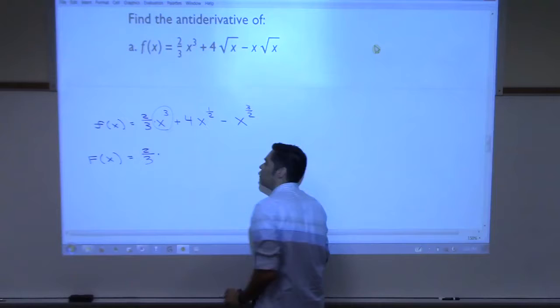And so when I take its antiderivative, I'm trying to find a function, capital F, that when I take its derivative, I get this, right? It's obvious to most of us that the derivative of x squared gives you 2x. But if I add any constant to it, I would still get this if I took the derivative, right? Because the derivative of a constant is always going to be 0.